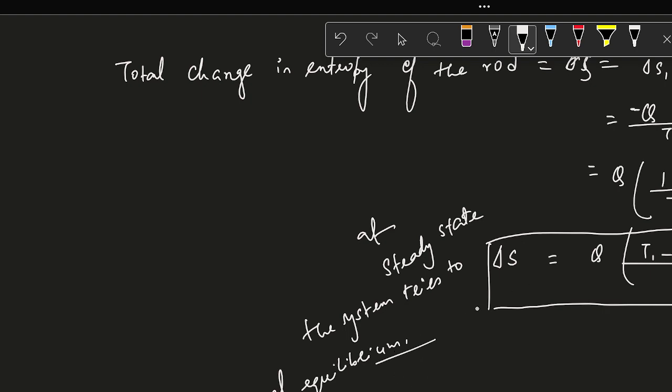And in that heat absorb and release process, you get the total change in entropy from the two ends for the entire rod. This is our answer. Okay, so this is our answer.